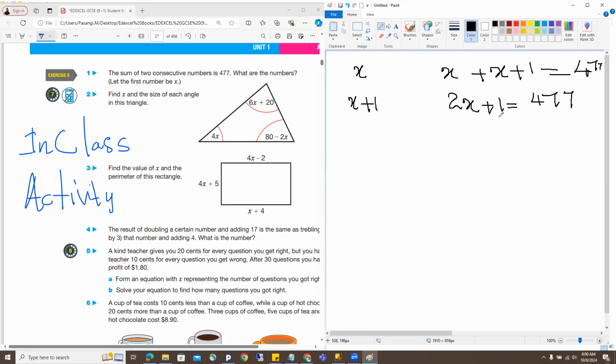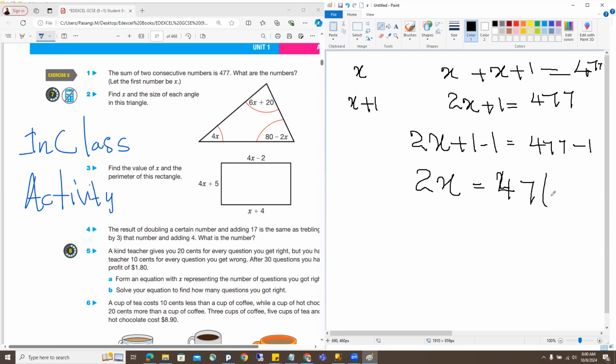The next step is to remove this 1 from here. That means 2x plus 1 minus 1 equals 477 minus 1. On the left-hand side we have 2x. 2x equals, for the right-hand side, 477 minus 1, which is 476.